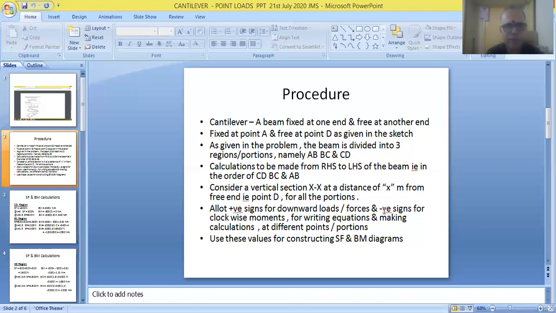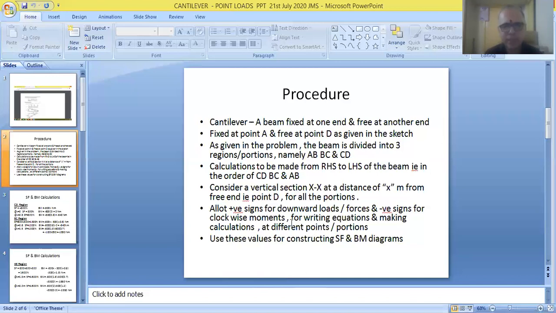Therefore, positive signs must be allotted for indicating downward loads, and negative signs for indicating the movements acting in clockwise direction.